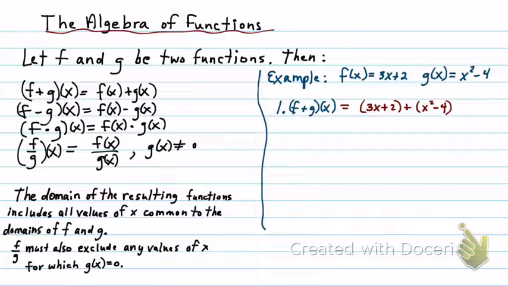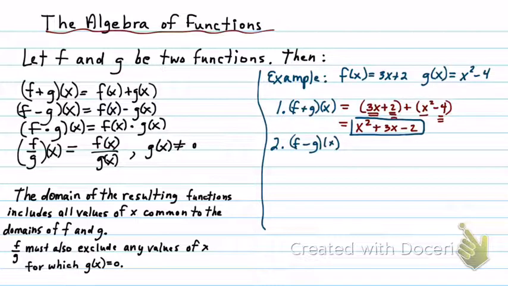Now you don't really need the parentheses when you're adding binomials or polynomials, so you can just ignore those and combine like terms. Let's put our x squared term first, and then we've got a 3x term, we'll put that second, and then the 2 and the negative 4, we're going to get a minus 2, and so that's (f plus g)(x).